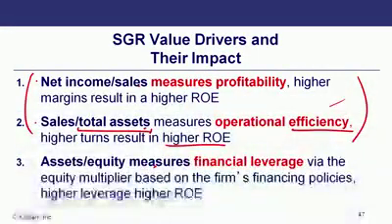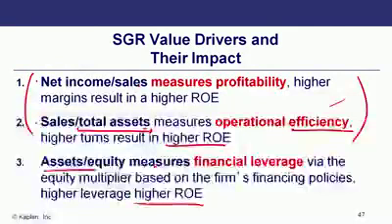Whatever your business model, you can always then boost ROE using leverage. Assets over equity. So, total assets over how much of that asset base is financed by equity. The difference between total assets and equity, liabilities.